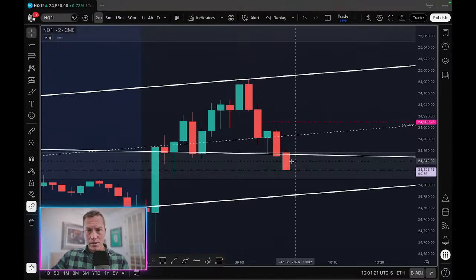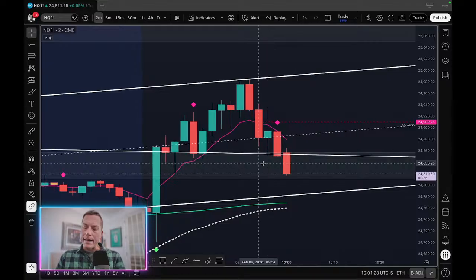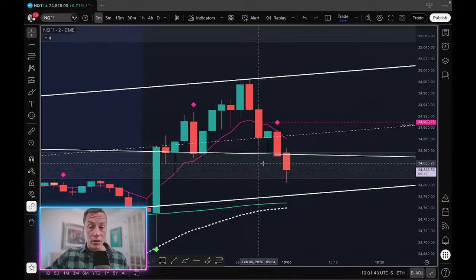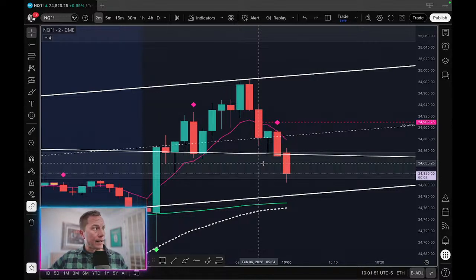Nice push up, and this is probably just going to pull us all the way back down. That's what it looks like here. All right, let's see if we get it. This really could take us all the way back down to the 200 and the VWAP, to be honest. We'll see if we get it, but those areas are pretty nice to the downside.